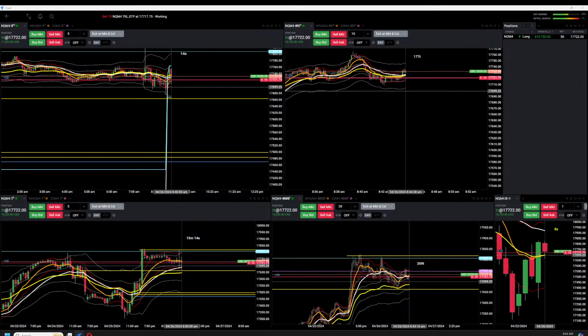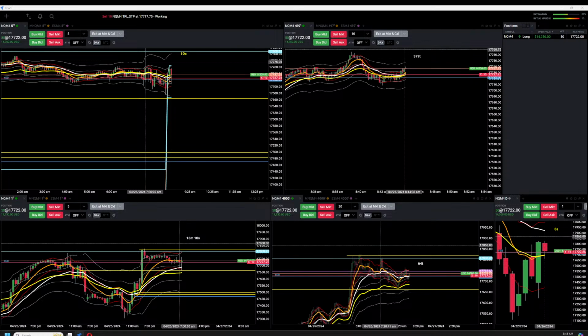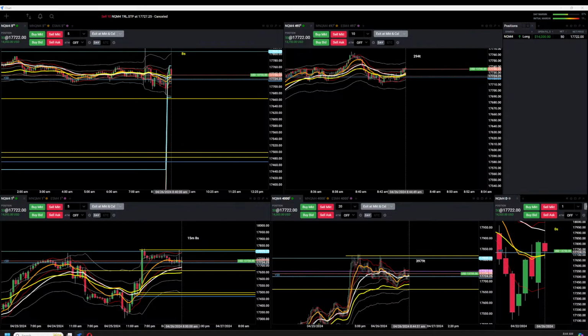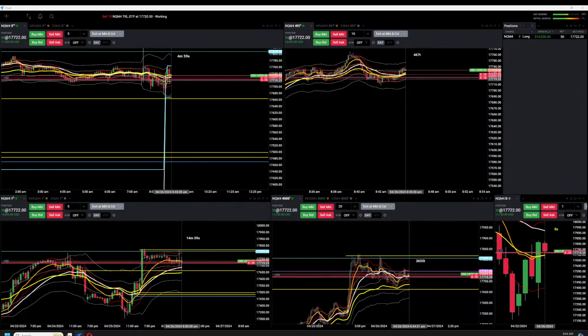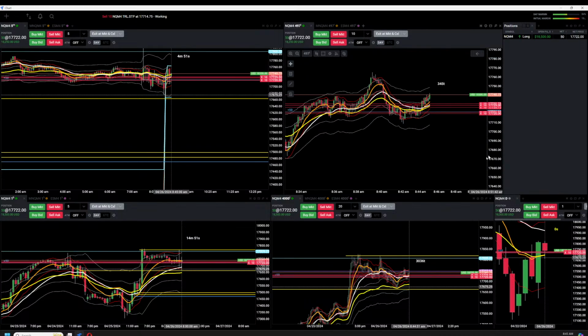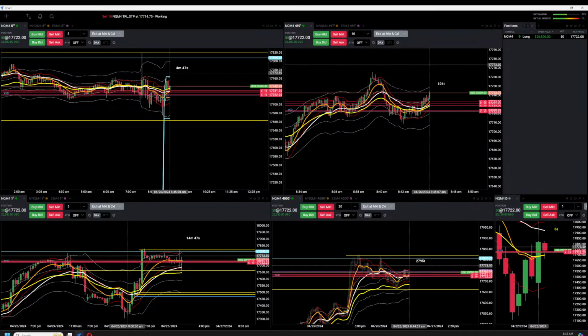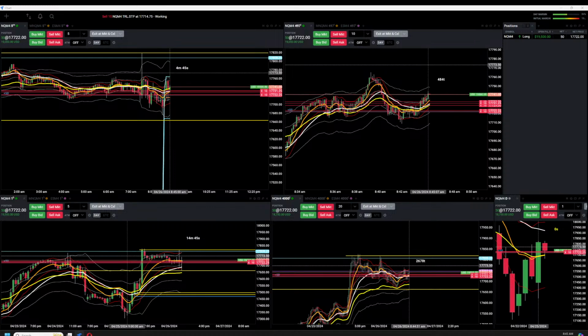It's a little skittish there. Gotta give it a little bit more room. Let's remove all these drawings. I got too many drawings on my chart.